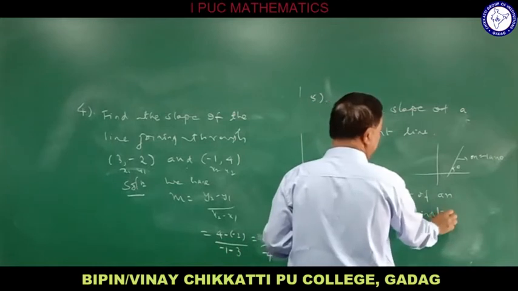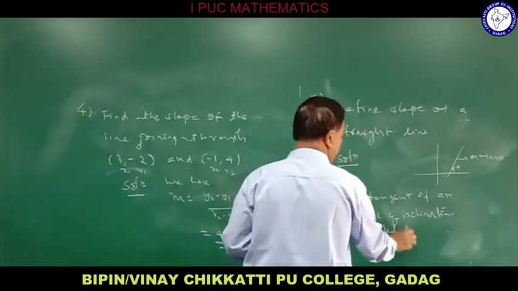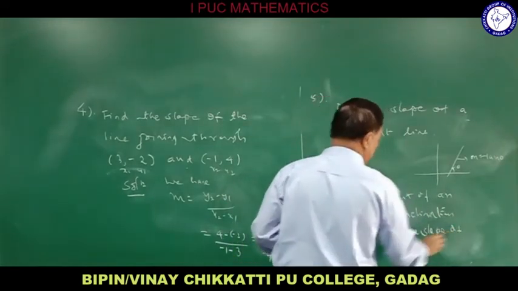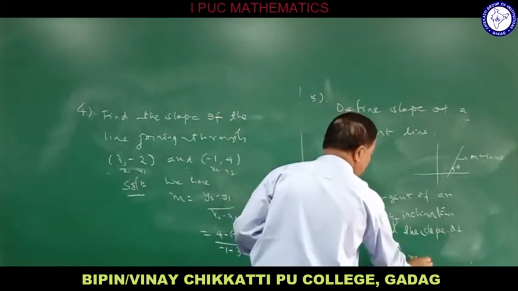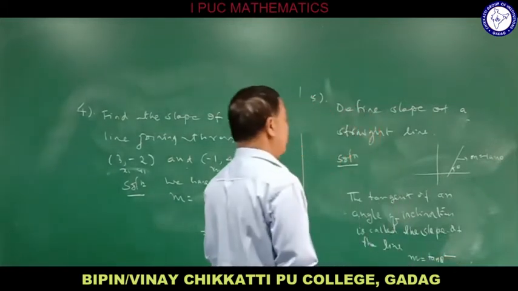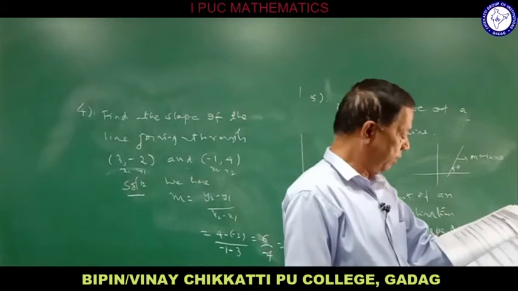The tangent of the angle of inclination is called the slope of the line. So m is equal to tan theta, where theta is the angle of inclination. The tangent of an angle of inclination is called the slope.